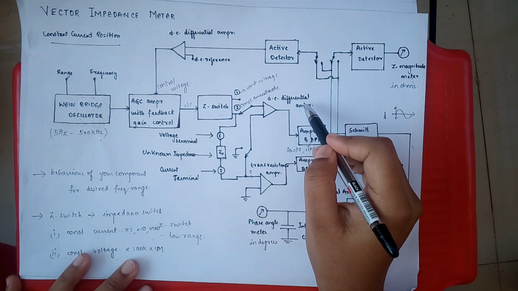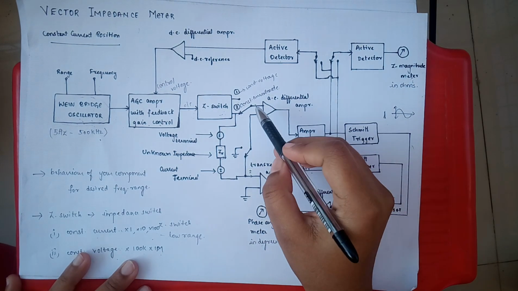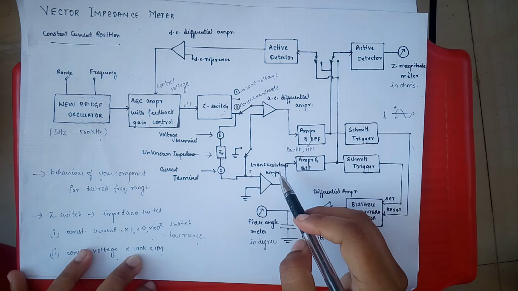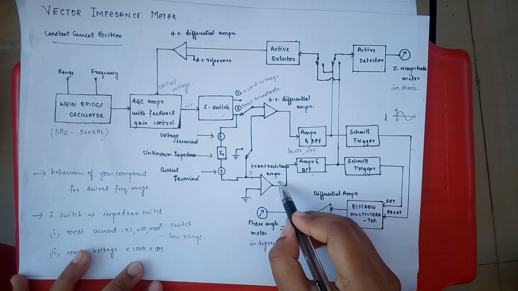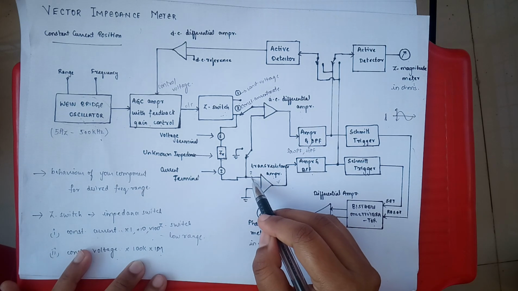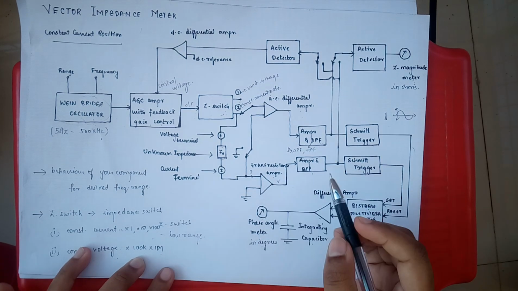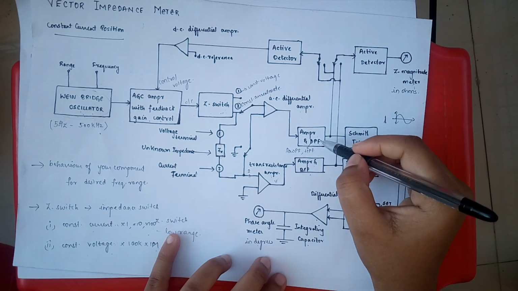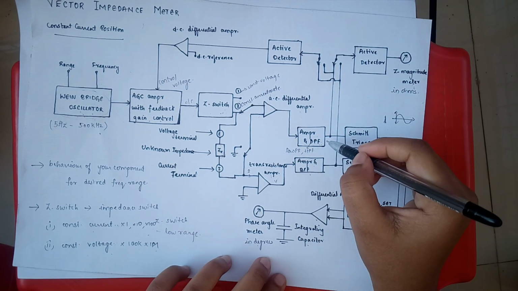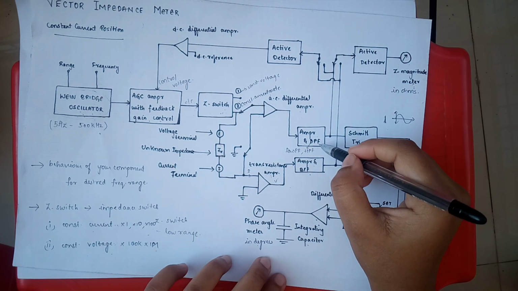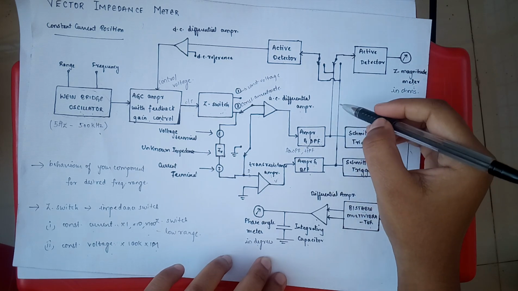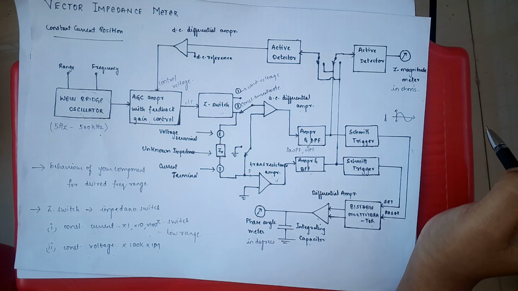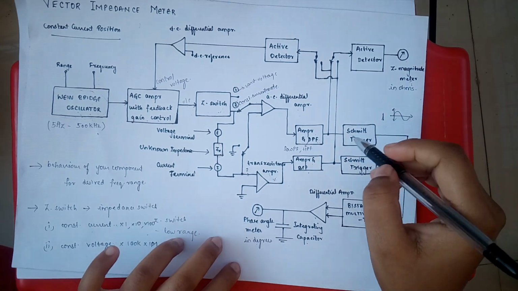Now, a differential amplifier simply gives you an output proportional to the difference between the inputs here. The trans resistance amplifier produces an output which is proportional to the input current over here. The amplifier and filter sections here are like signal conditioning circuits which make the signal suitable for display in the meters.